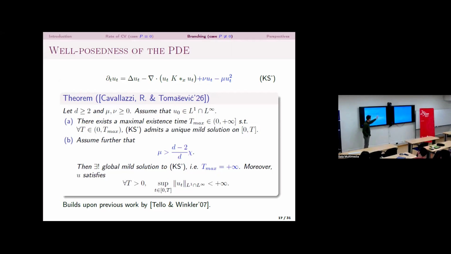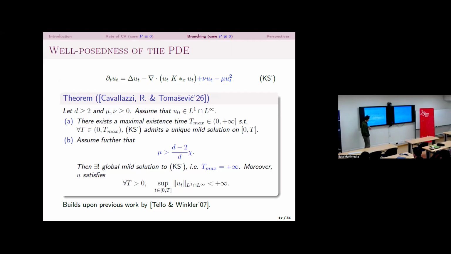Here the assumption is slightly stronger: the initial density is bounded. The first part is exactly the same as before, when I didn't have this, just saying that I have a local solution, local well-posedness. It's a fixed point argument as well. The really interesting part is this one.